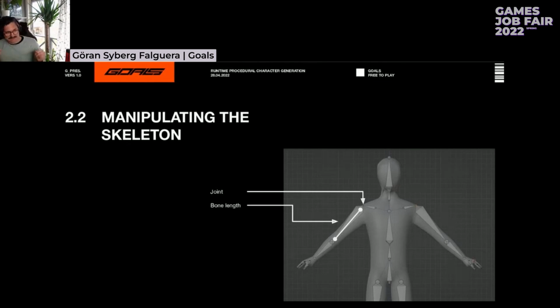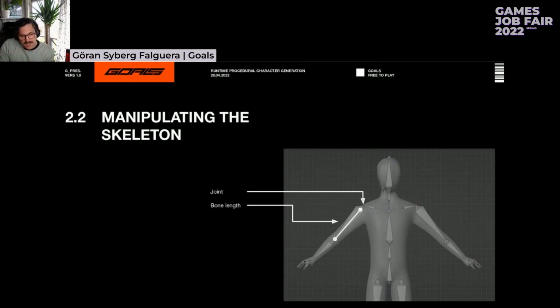So the bone length is essentially just the distance between two joints. And as I mentioned before, when you move one of these joints, there are rules on how to move the other adjacent joints, and that is what animation is all about. And you do this in several time points or keyframes, and that's where you have animation.